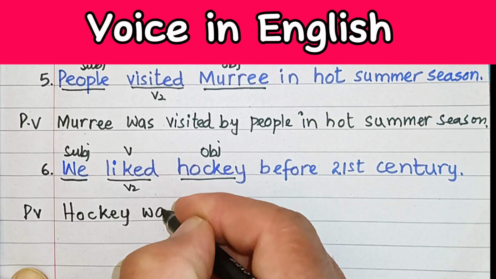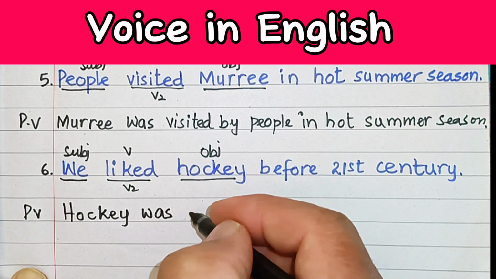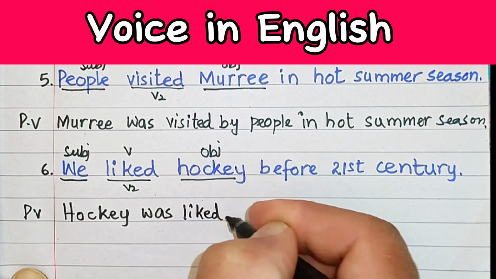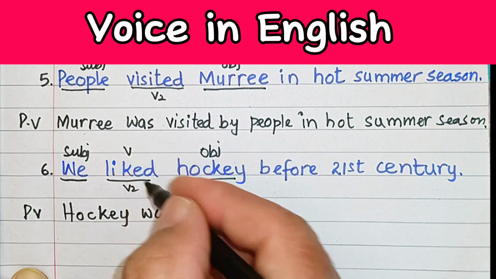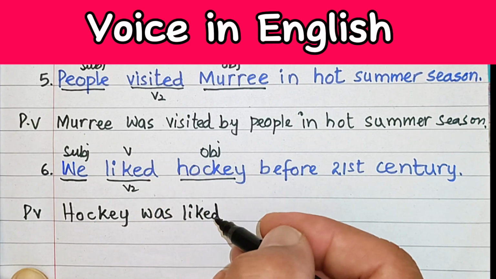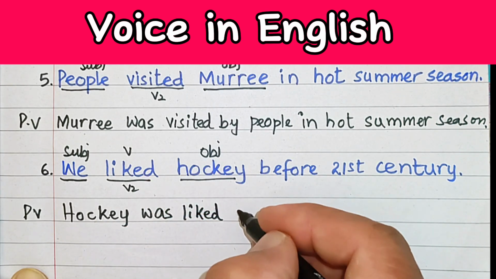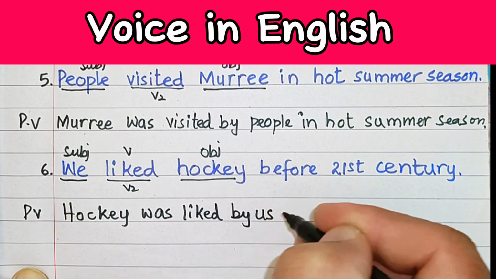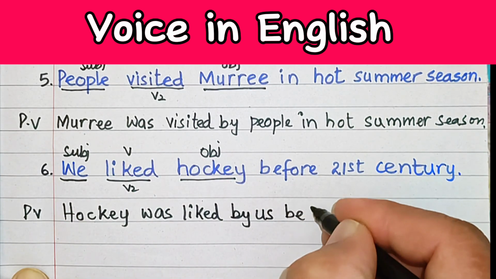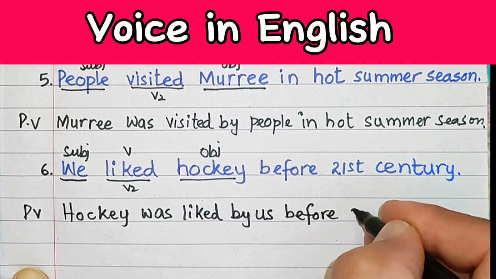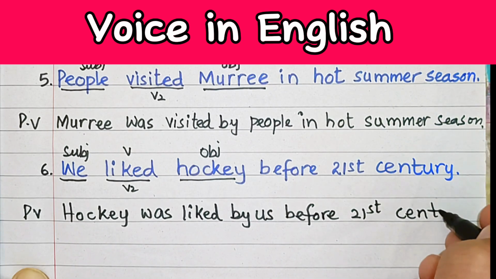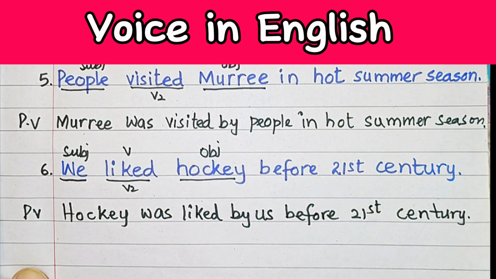So then we have to write the past form of the helping verb, that is was. Hockey was. Then there will be V3 or the third form or past participle form, which remains the same, liked. So hockey was liked by us, because the subject now becomes the new object, before 21st century. Hope the concept got clarified.